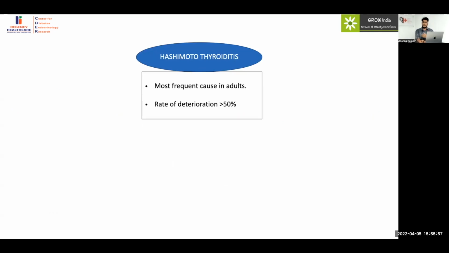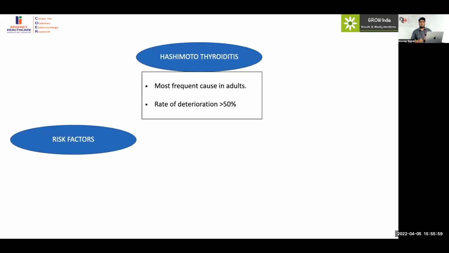With regards to Hashimoto thyroiditis, when you have a patient with Hashimoto thyroiditis, the rate of progression of subclinical hypothyroidism to overt hypothyroidism is very high, seen in about 50% of patients, and the rate of normalization is very low, less than 10%.